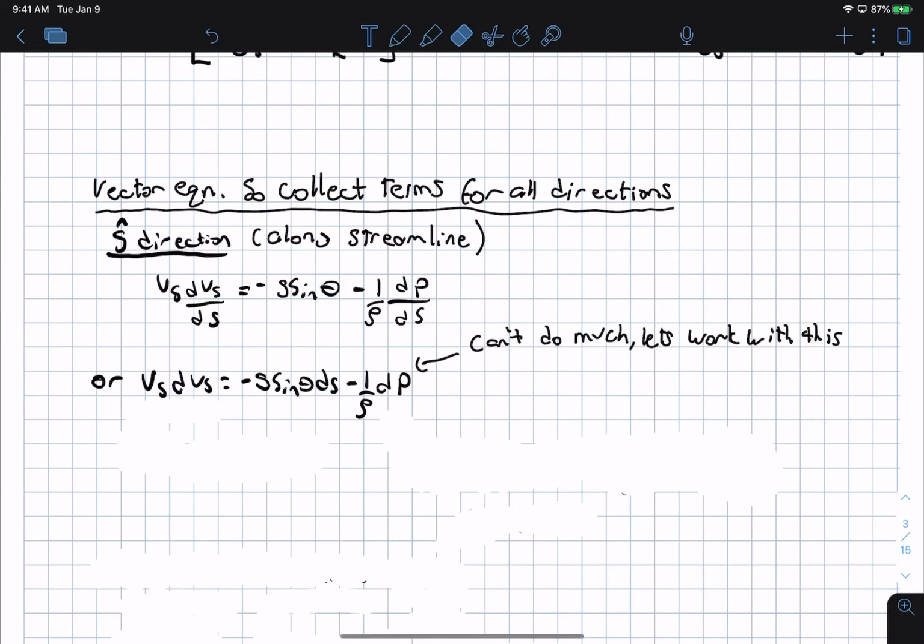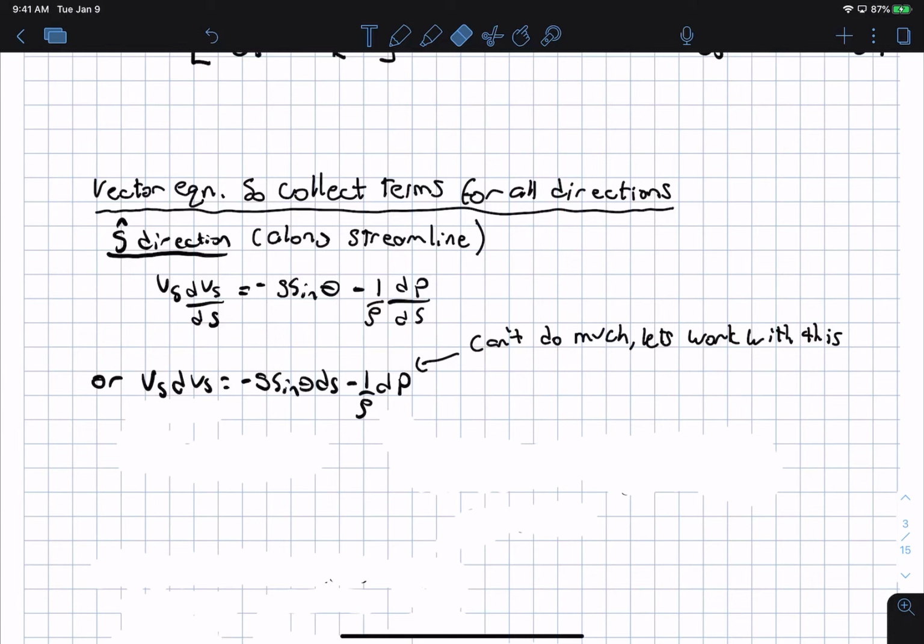We still can't do much with this, but let's keep working with it a bit further, and we'll see how useful this gets. If we further assume that density is constant, we can actually move density into this derivative here. You just have to go with me on this: normally you want to pull constant terms out of the derivative.